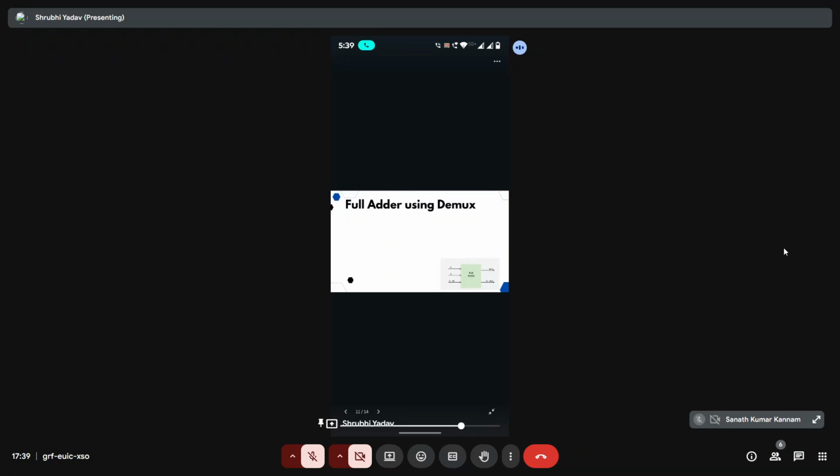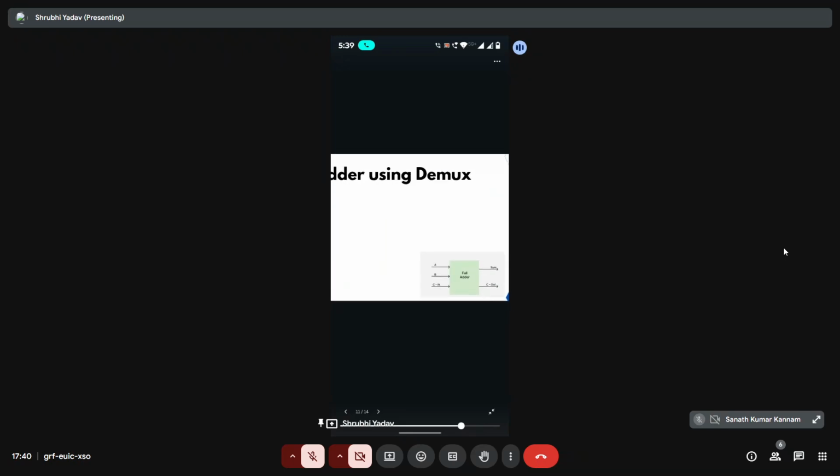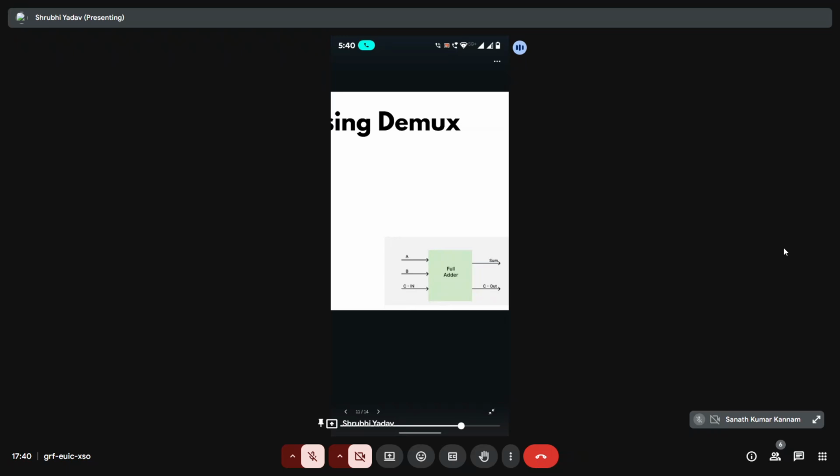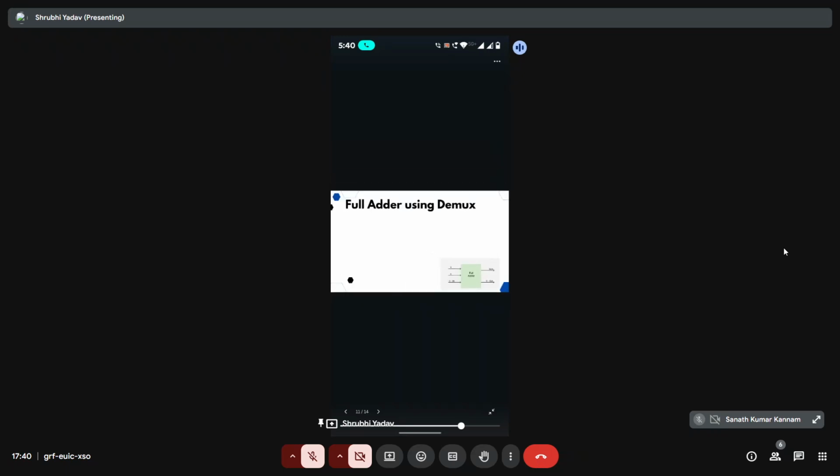Moving towards the full adder using demux. We'll first see the circuit of full adder. In full adder we have 3 inputs, A, B and C in, and the outputs will be sum and C out. So how we can draw this with demux, we'll see here. First we'll draw the truth table and find out the combinations for sum and C out.